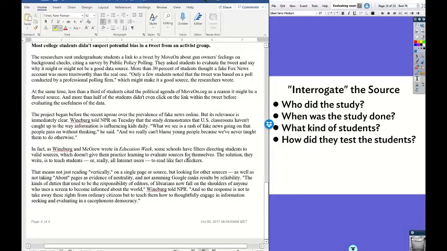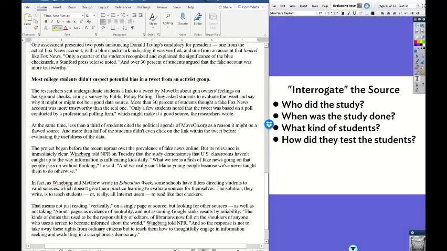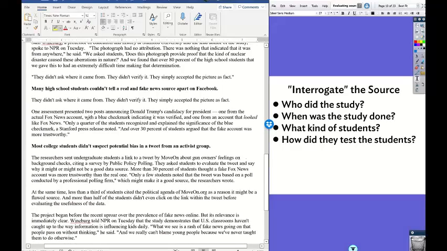And some of these things could very much be specific to whether students were familiar with a specific type of media. So I would mention that in this section of the article, it talks about looking at posts from a verified account versus a non-verified account, and talks about having a blue check mark.